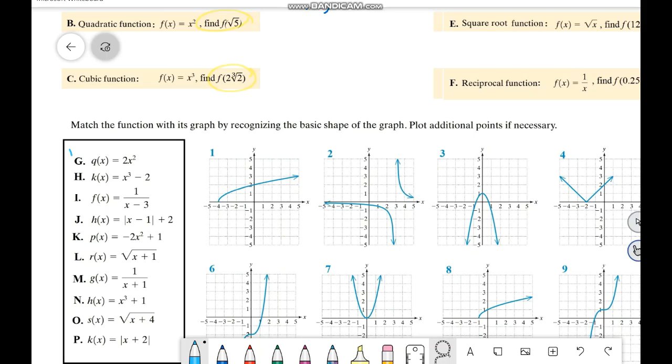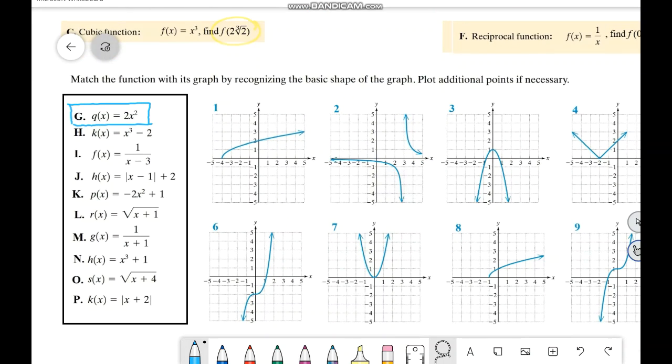Let us check the first function that we have here. Q of x equals 2 times x squared, and this is going to be a quadratic function, right? Quadratic function because we have an x squared. Try to find among the graphs that we have here, the graphs that represent the quadratic function.